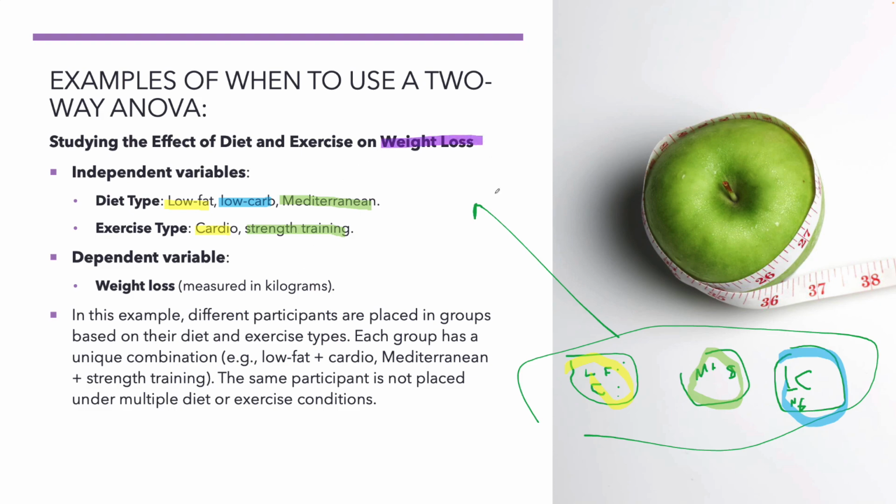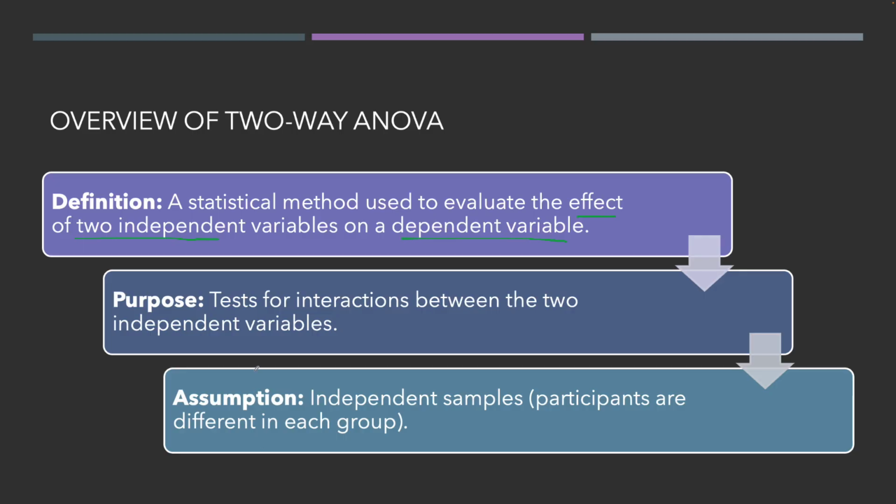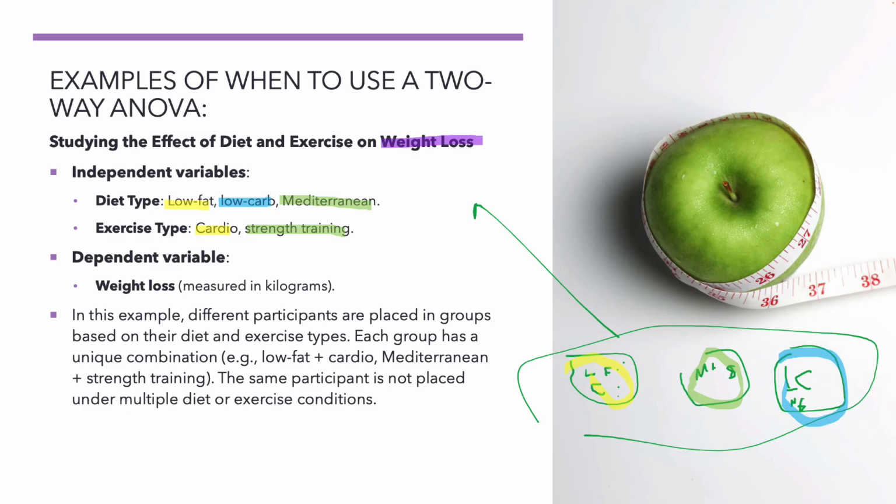All right. So that is why we would use a 2-way ANOVA. It tests for interactions between 2 or more independent variables, and we are basically running this test between 3 or more groups. So let me give you an example. And again, we don't need to calculate it. We just need to understand why the researchers are using it.